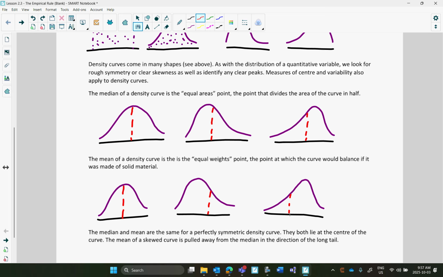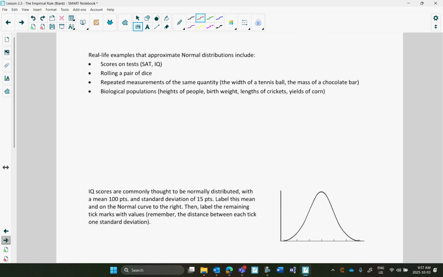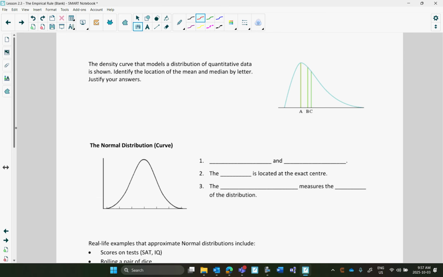We did refer to that in Unit 1. So, very quick question. Here you have a distribution that is what shape? Skewed right. Where would the mean and median be located according to what letters?